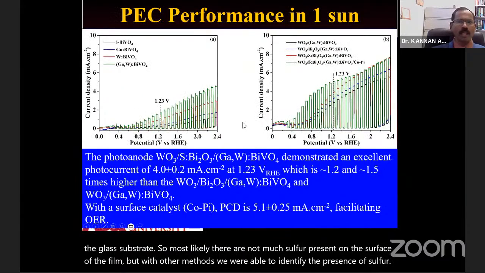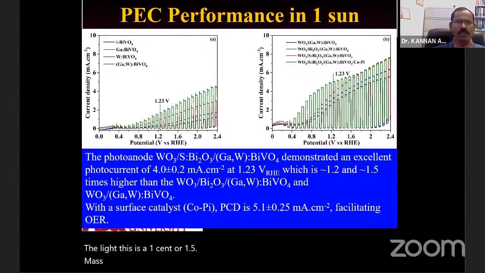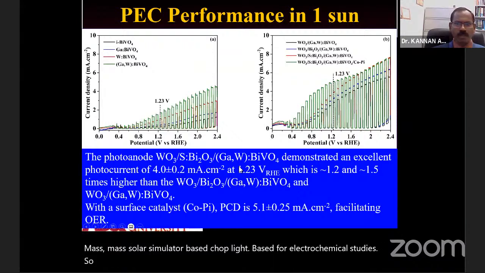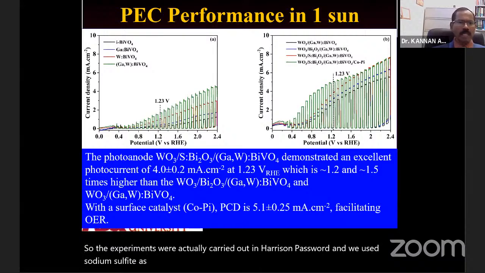This is a 1.5 air mass solar simulator based, chopped light based photoelectrochemical study. The experiments were carried out in potassium hydrogen phosphate, and we used sodium sulfite as a hole scavenger.